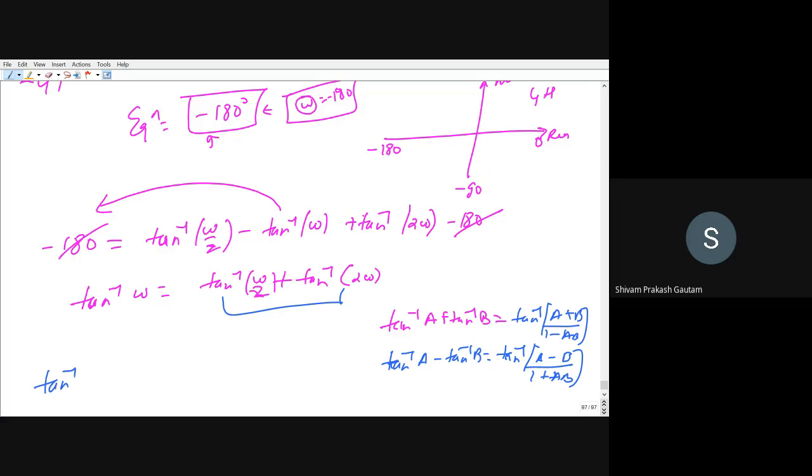So this will become tan inverse of ω, that is tan inverse of (ω by 2 plus 2ω) upon (1 minus ω by 2 into 2ω). So 2 will cancel.